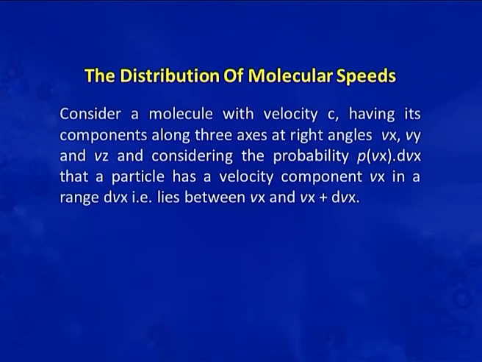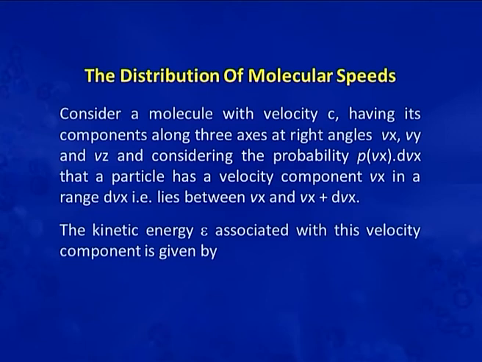Consider a molecule with velocity c having its components along 3 axes at right angles: Vx, Vy and Vz. Consider the probability P(Vx) dVx that a particle has a velocity component Vx in a range dVx, that is, between Vx and Vx plus dVx. The kinetic energy E associated with the velocity component is given by E equals 1 by 2 m Vx square.